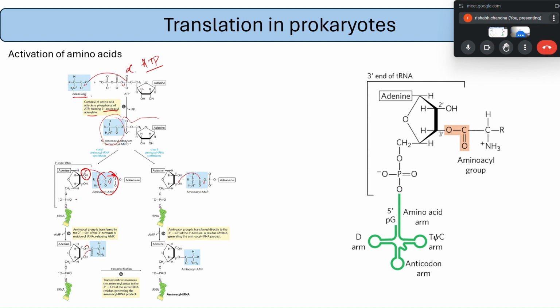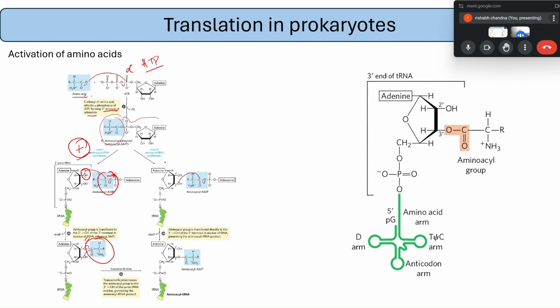So it attacks this, and then this amino acyl group is transferred to the 2 prime OH of the 3 prime terminal A residue of the tRNA, releasing the AMP. So now AMP is released, and the amino acid is added to the 2 prime OH of the adenine. Okay, not the 3 prime OH, but the 2 prime OH. So this was the case with the class 1 tRNA synthetase.